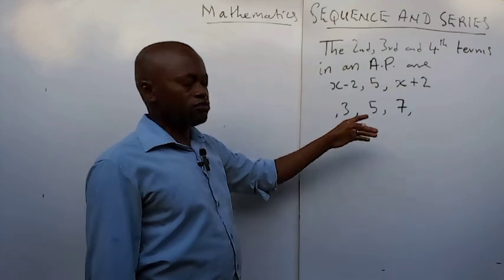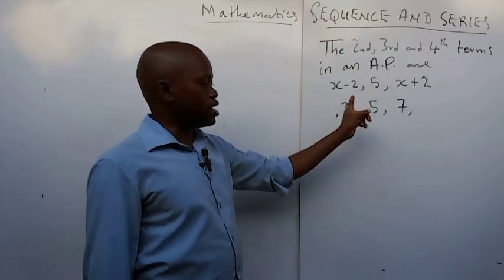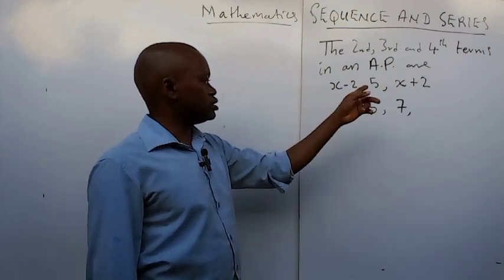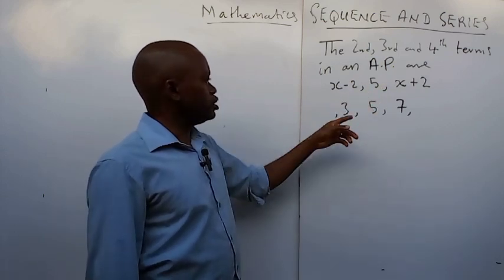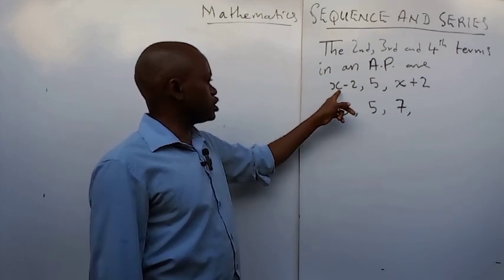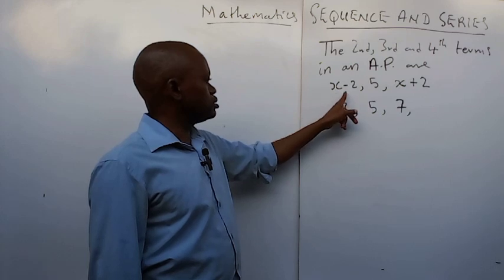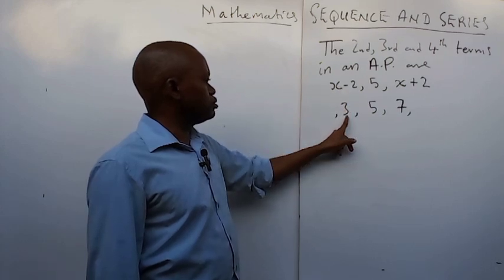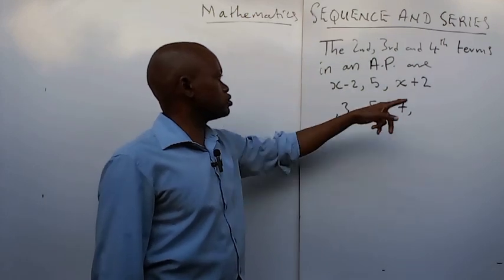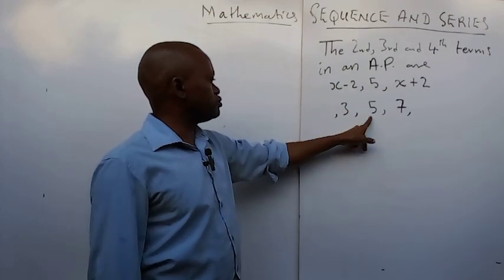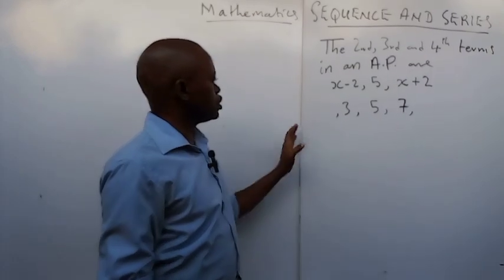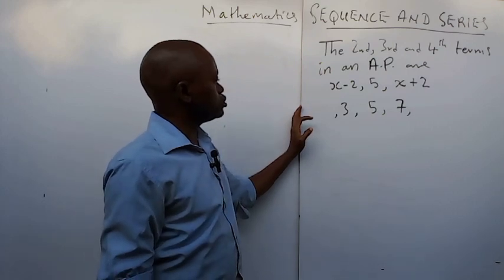When we got the value of x, we realized that x in that solving was 5. So this term will be 3, because this is the second, this is the third, and this is the fourth. So the second is 3, this is 5, and this is 7. That is what we realize in that solving.